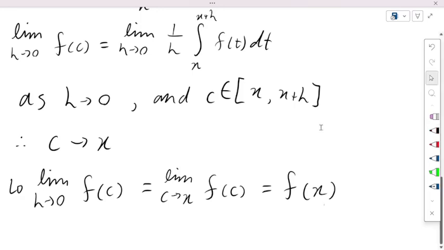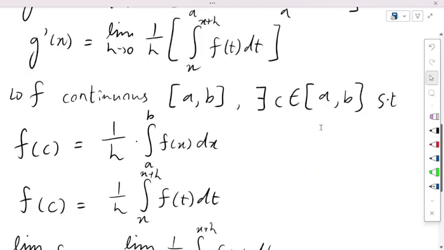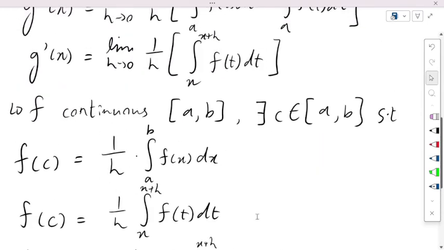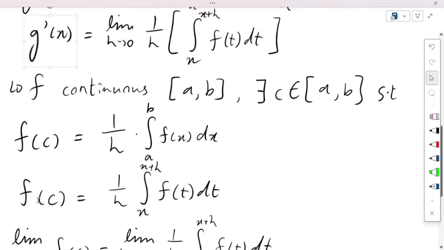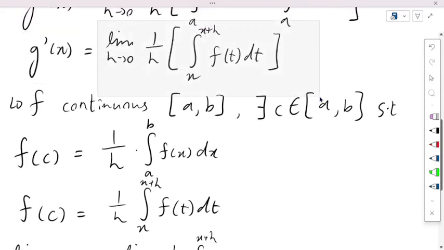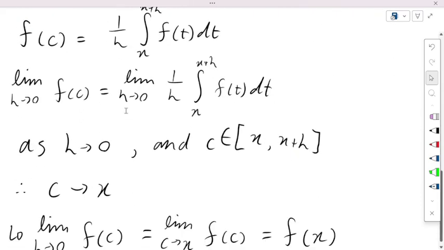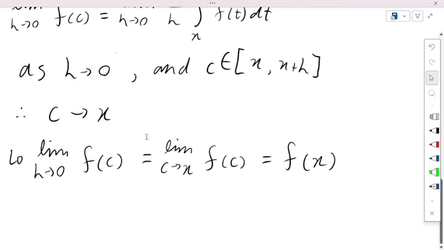And now, remember that when we dealt with the mean value theorem of the integral, we actually replaced g prime of x with f of c in our case. We said that this whole thing here was actually the same as the limit as h approaches 0 of f of c, which was the same thing as this.